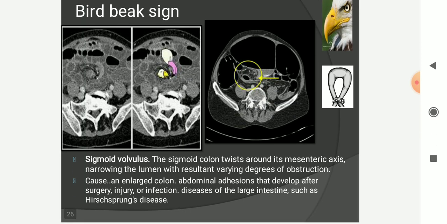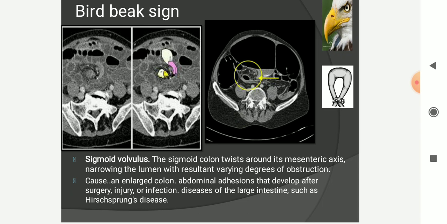Bird beak sign. Bird beak sign can also be seen in the GIT abnormalities when the tubes, okay, the GIT, small intestine or large intestine, twist around each other. So there is sigmoid volvulus. The sigmoid colon twists around its mesenteric axis, narrowing the lumen with a resultant varying degree of obstruction.